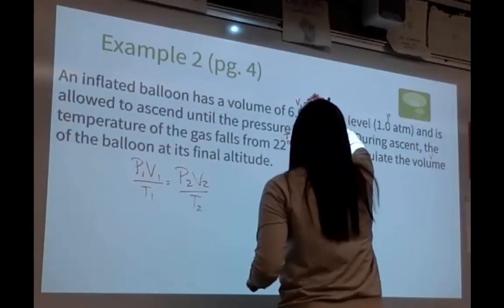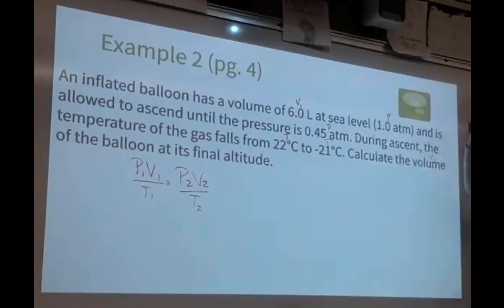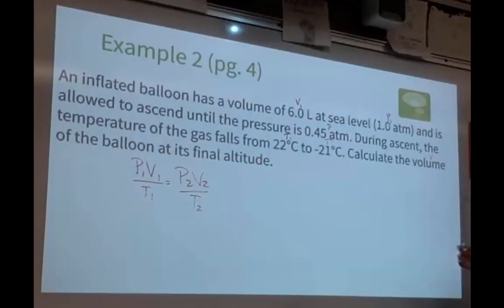So if I have a volume of 6 liters, I'll label that V1. So I need to find all of the conditions that go with the initial volume. Well, we have this initial pressure, and then the initial temperature of 22 degrees Celsius goes with the initial volume and initial pressure.